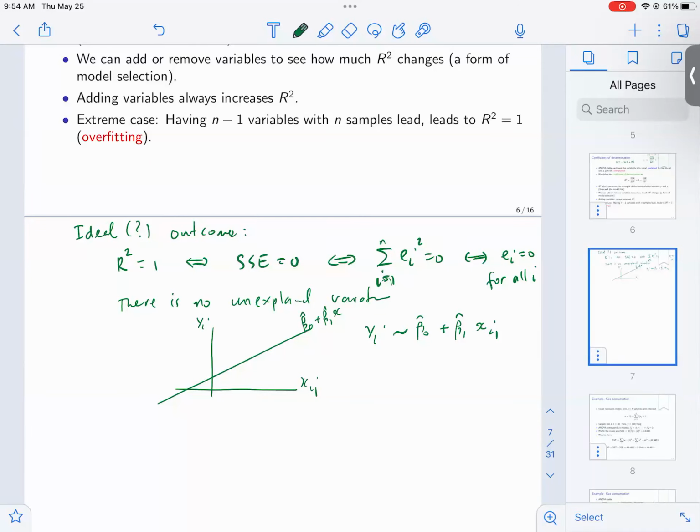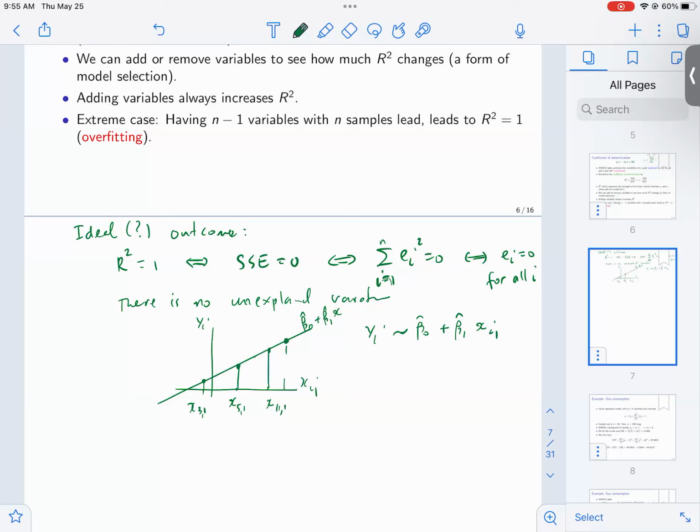So where would the points be? On the line. When you fit it, this would be like x_11, x_21, x_31. These are all different samples, and the y should be on this line.